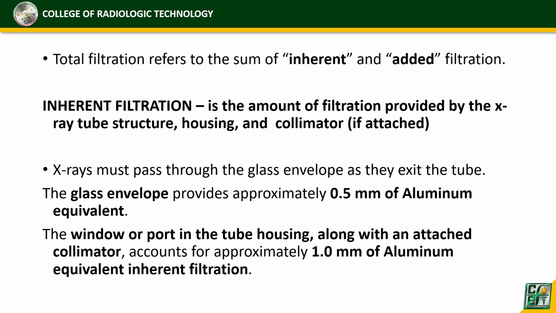Inherent filtration is the amount of filtration provided by the X-ray tube structure, housing, and collimator, with an open and close parenthesis: if attached. Why if attached? Because in the old X-ray machine systems, the collimator was not yet attached. Now, in all new X-ray machine systems, the collimator is attached to the X-ray tube itself. So the tube structure, housing, and collimator are included in inherent filtration.